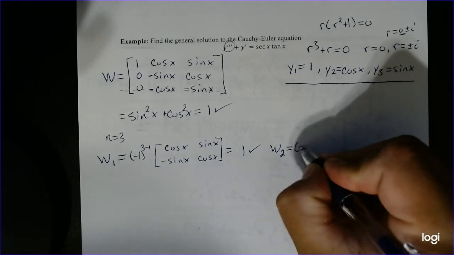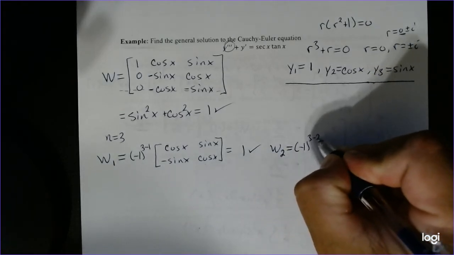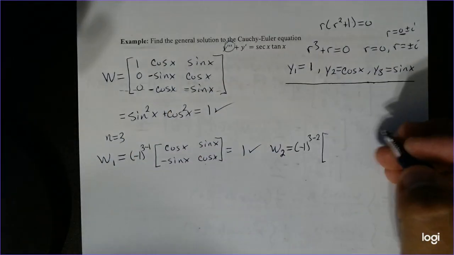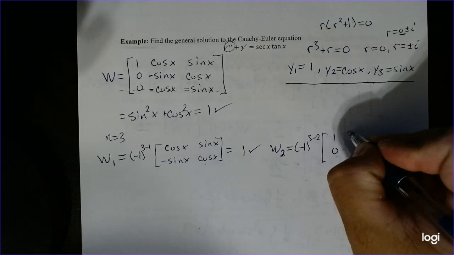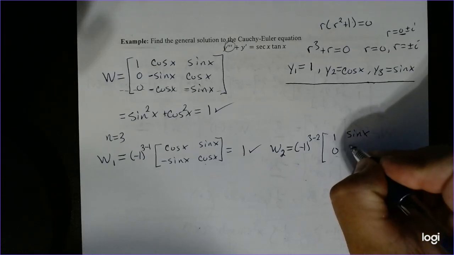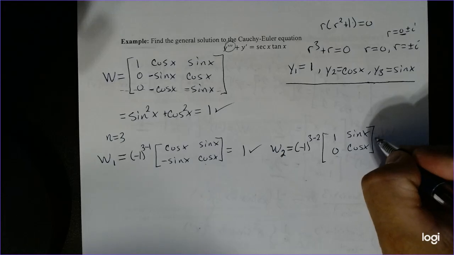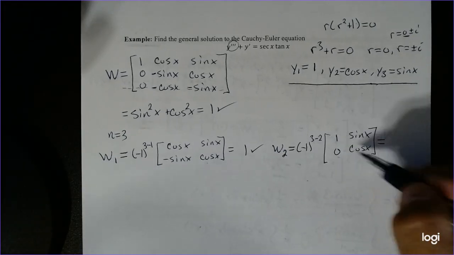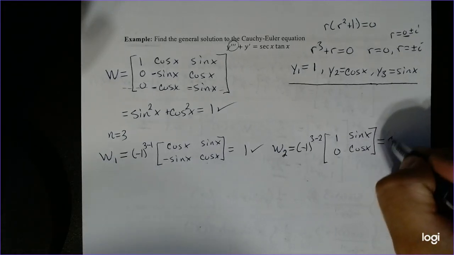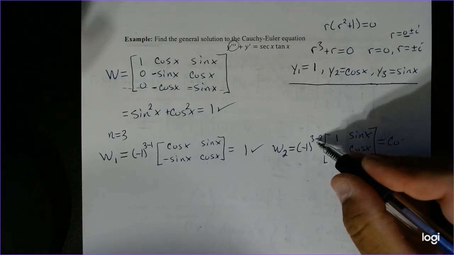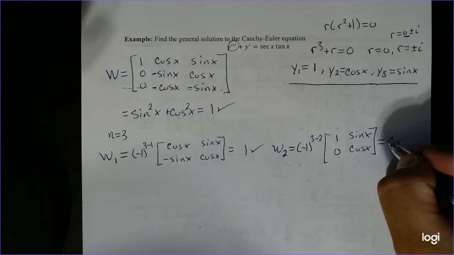Okay, so negative 1 to the 3 minus 2 power. Now we take out the middle column, so 1, 0, sine and cosine. This one, unfortunately, we do have a trig identity because we get 0 here, so it's just going to be cosine. And because it's negative 1 to the odd power, it's going to be negative cosine.